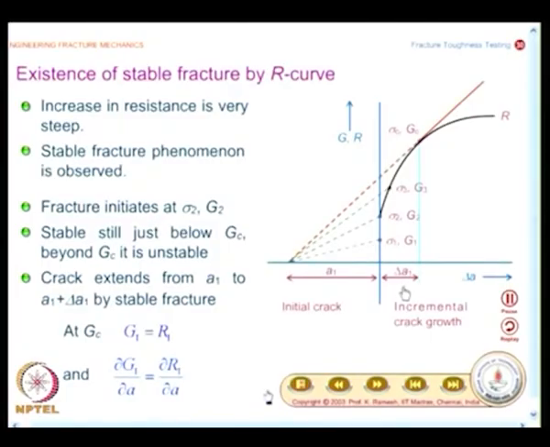So, this is where the question comes. For any panel you need to know what is the fracture strength and what is the critical crack length. The question is, would you report A1 as the critical crack length or A1 plus delta A1 as the critical crack length? If you have not looked at the subtle issues, you will simply say A1 plus delta A1 as the critical crack length, which is wrong.